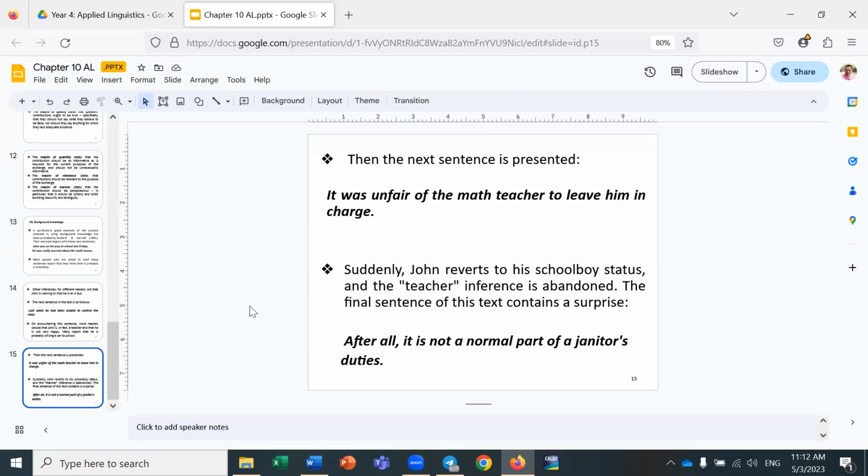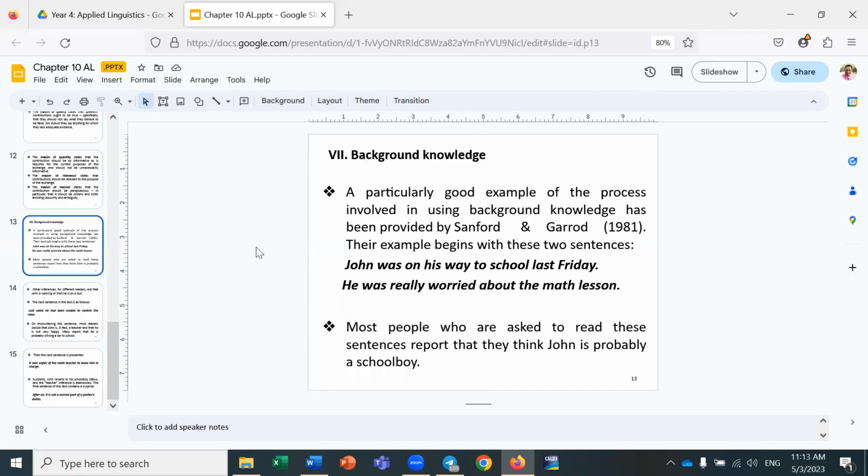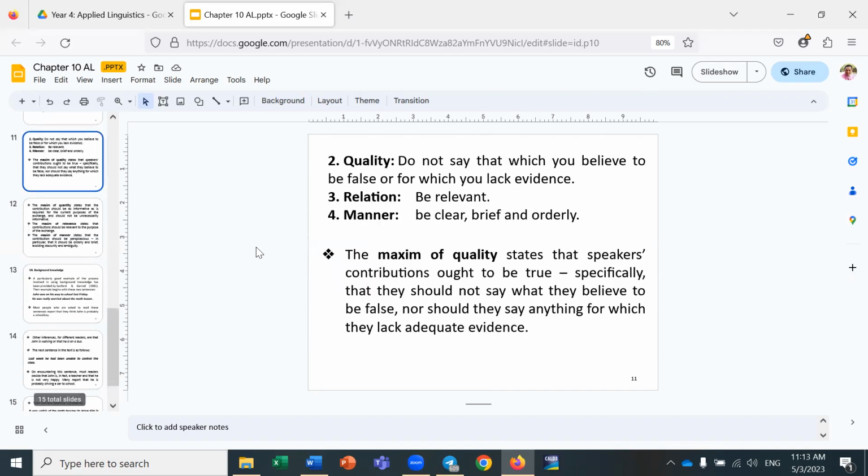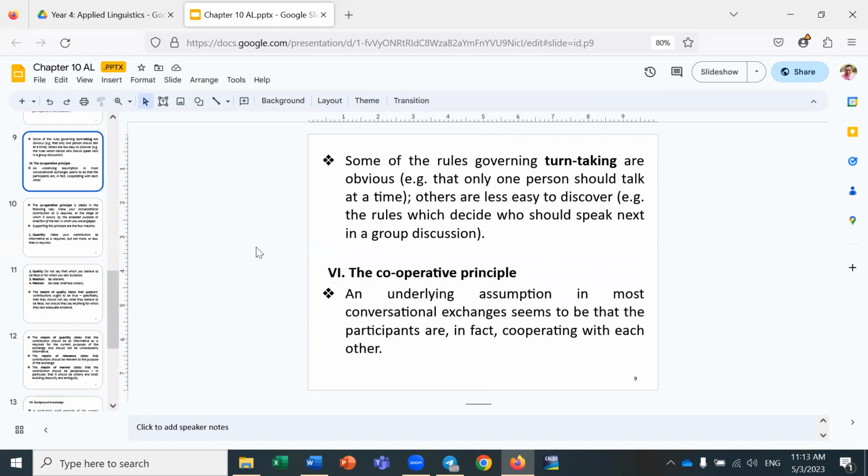Even when you read a book, you read anything, if you don't have any background knowledge relating to it, you will find it difficult to understand the meaning. Okay, I think that is it for our chapter 10. Let me finish our chapter 10 here. Okay, you can all look at this one. You can just watch the video again and again in order to help you understand.